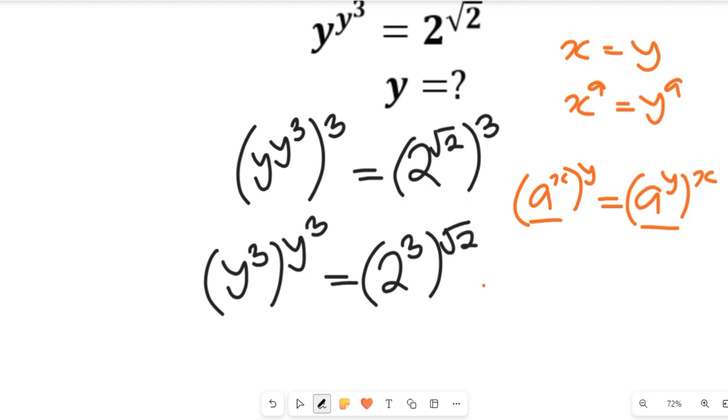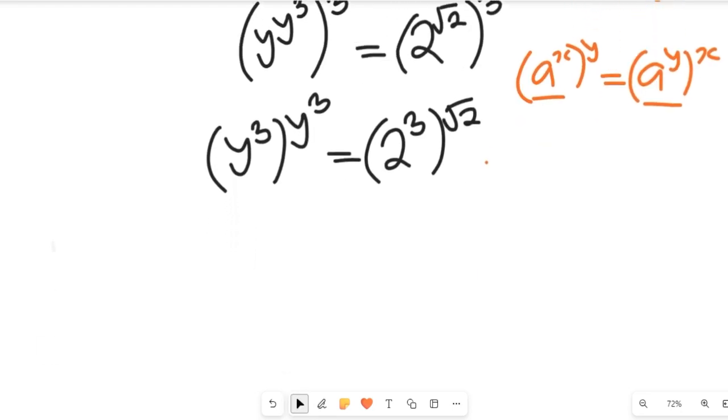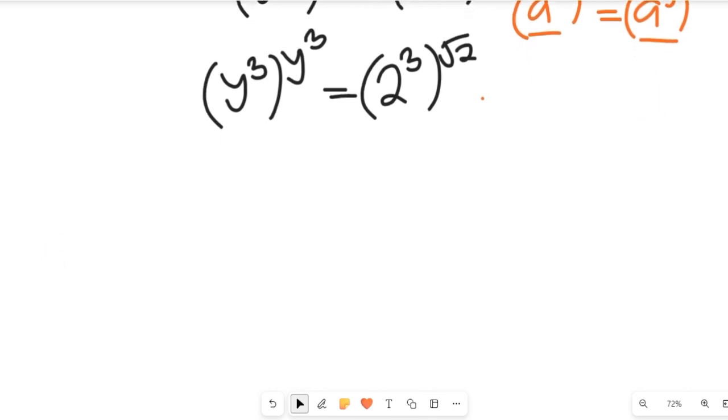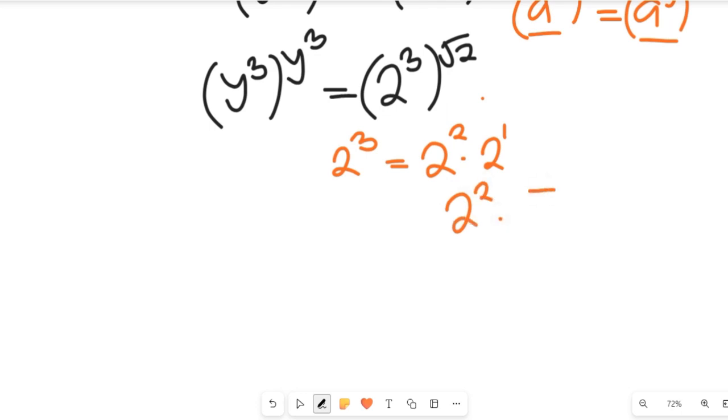Good. Now I want us to simplify the right hand side. We want to look at this value, 2 to the power of 3. 2 to the power of 3 can be equal to 2 to the power of 2 multiplied by 2 to the power of 1. Now recall that this can be equal to 2 to the power of 2 multiplied by the square root of 2 squared.